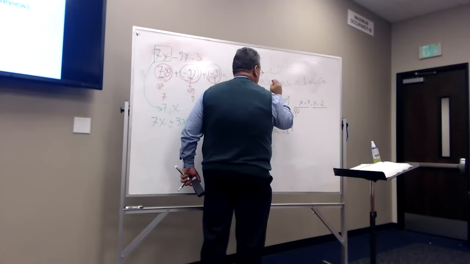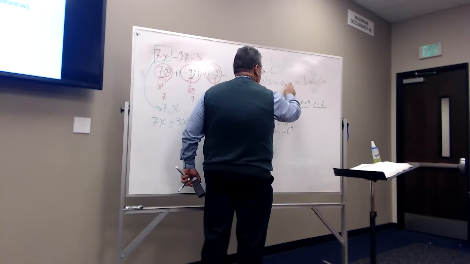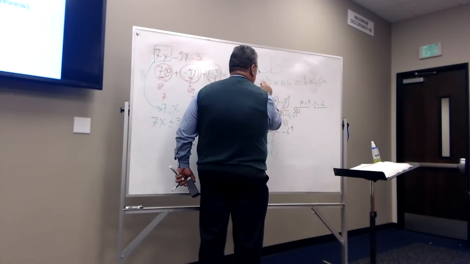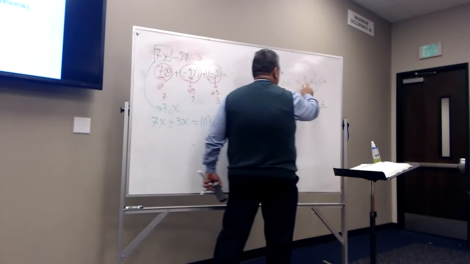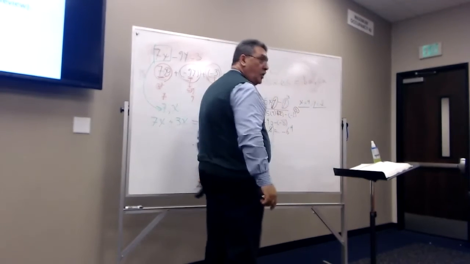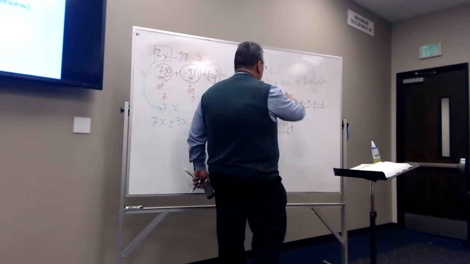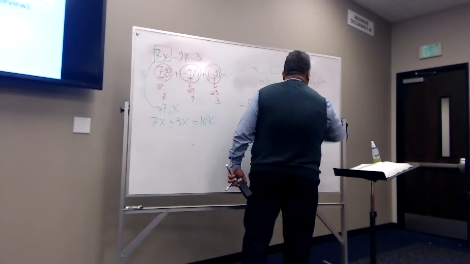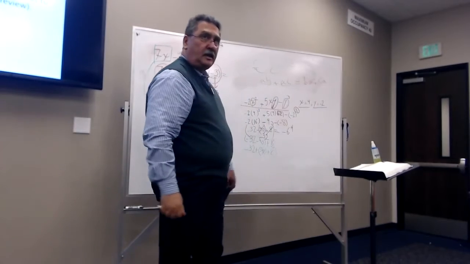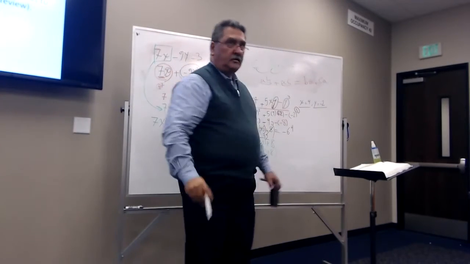I cannot connect these two, but I can. So A times B is the same as B times A. 2 times 3 is the same as 3 times 2. A times C is the same as C times A. Is that clear?